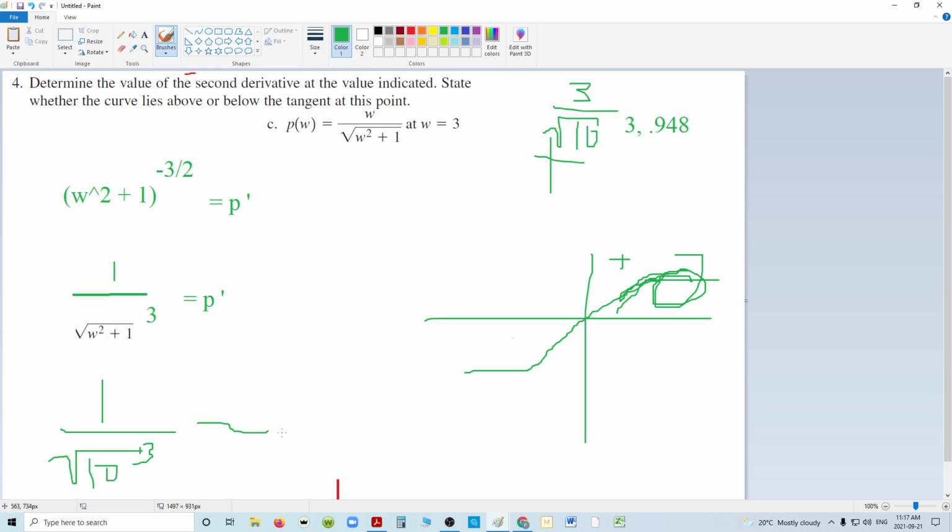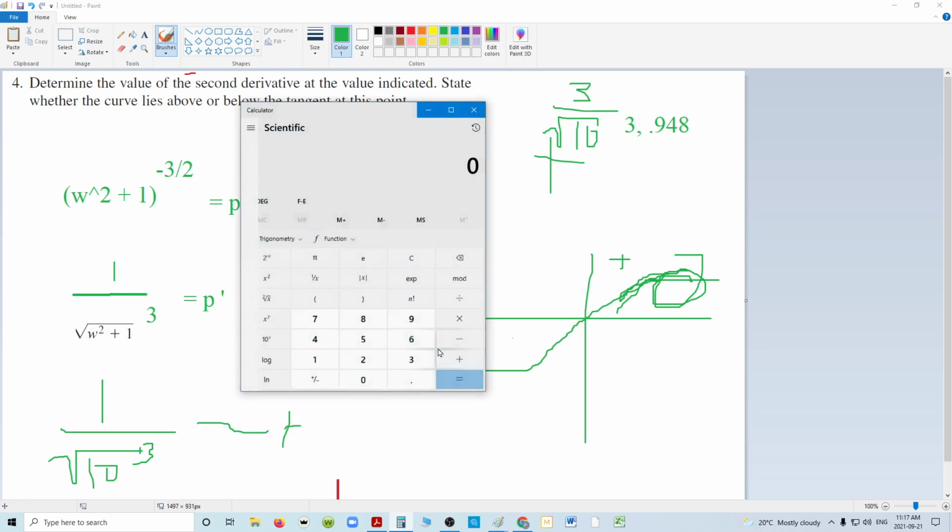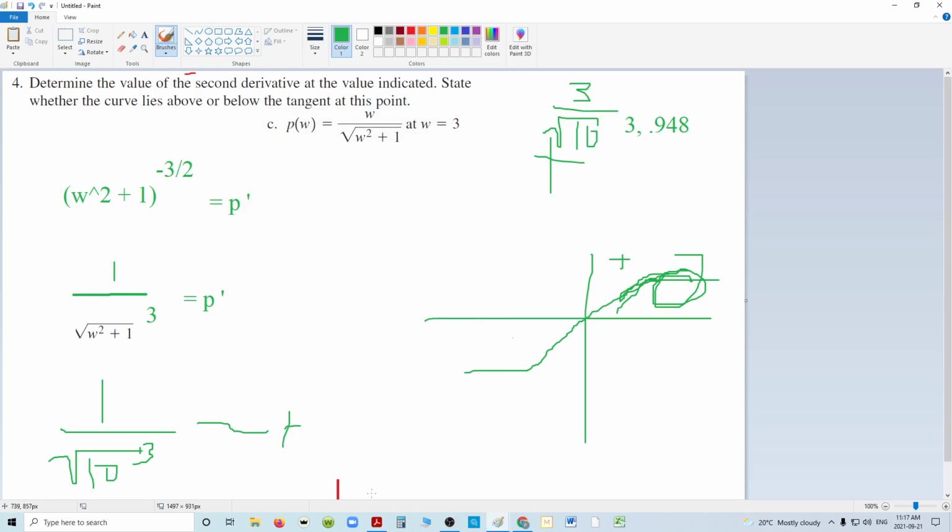So it's clear it's going to be a small positive number. 1 divided by, let's just take 10, take the square root, put it to the power of 3, and then take the reciprocal. We get 1 divided by 0.3001, positive. So 0.031 is the first derivative, so it's a very gentle slope, but it's positive.